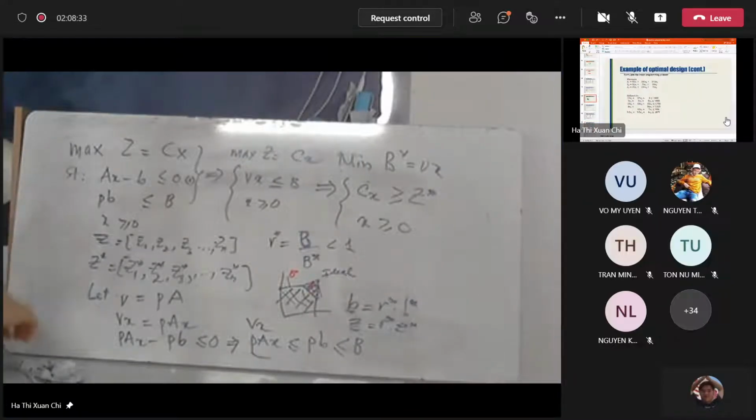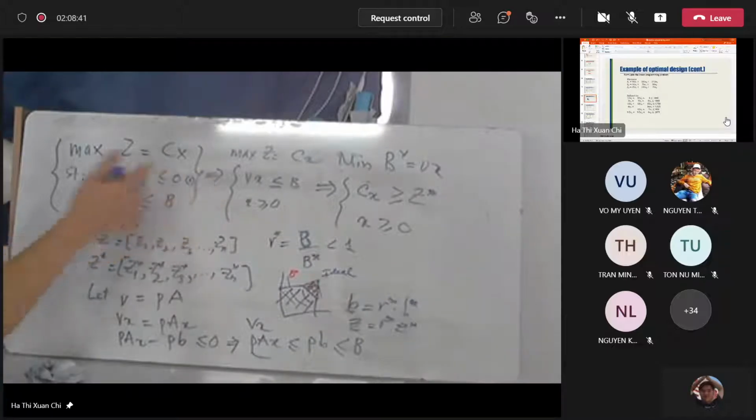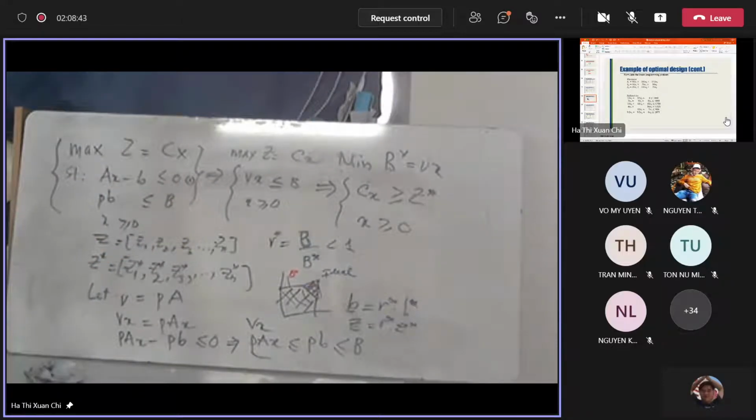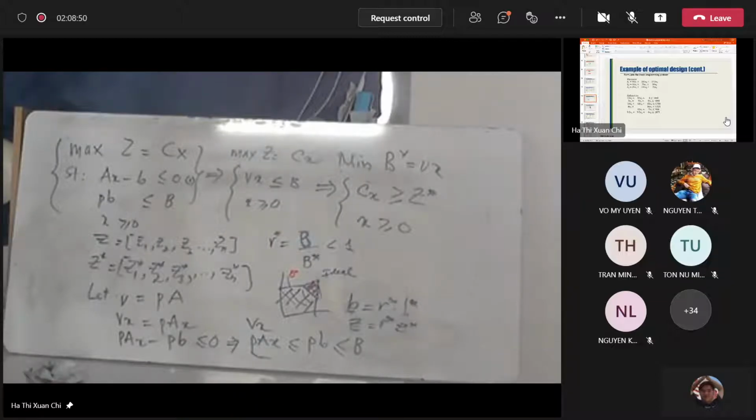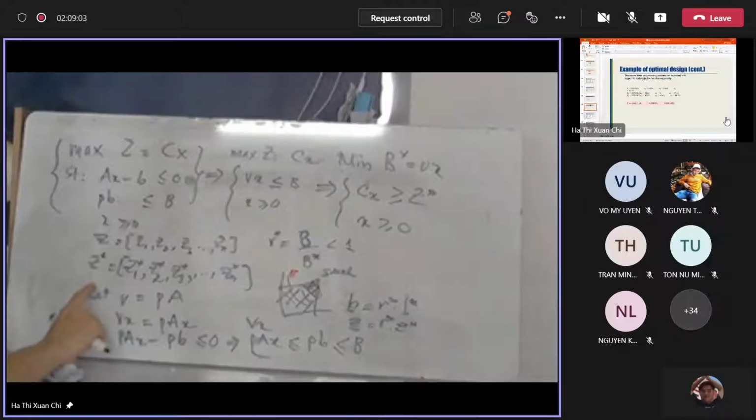We have the form like this, right? So right now, we transform them to become the model here. Maximize C and transform to min. But before you do that, you must define the solution here, Z1, Z2, and Z3.